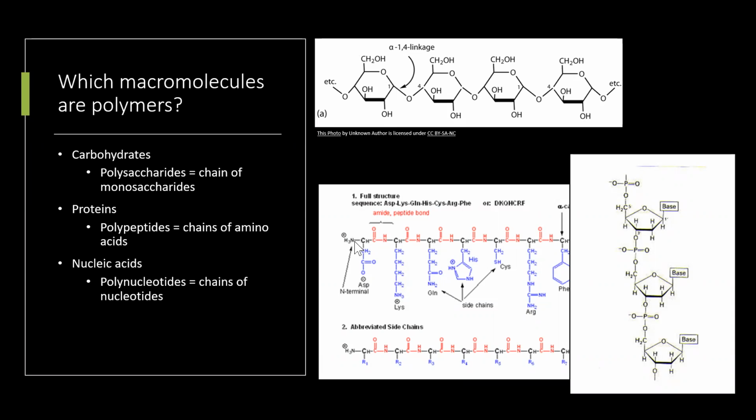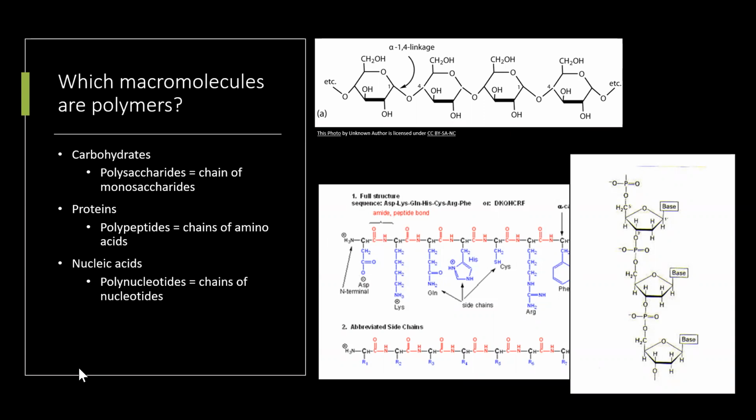We also have proteins. Proteins are polypeptides. There's that poly word again. Now we have a bunch of amino acids that are chained together. This image is showing a polypeptide, and we're going to go over proteins in a different video.